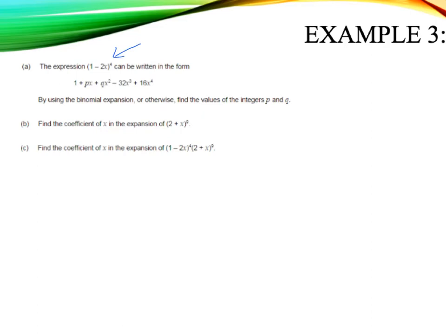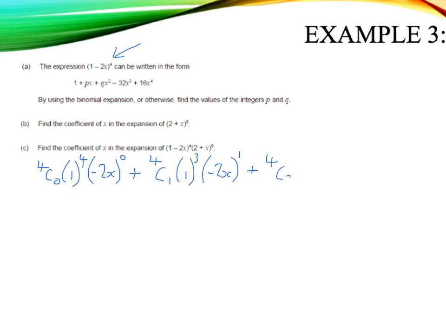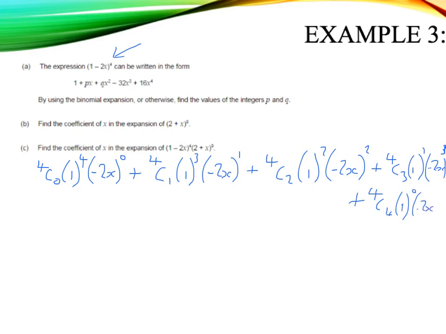I notice it's power 4, so I'm going to start off with 4C0 1 to the power 4 minus 2x to the 0, plus 4C1 1 cubed multiplied by minus 2x to the power 1, plus 4C2 1 squared minus 2x to the power 2, plus 4C3 1 to the power of 1, minus 2x to the power of 3, plus 4C4, 1 to the power of 0, minus 2x to the power of 4.